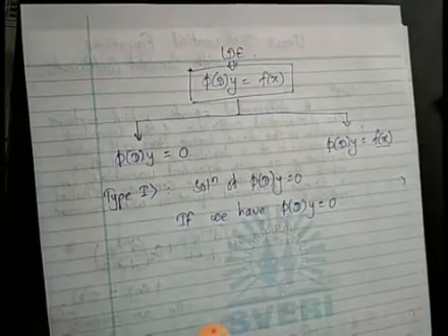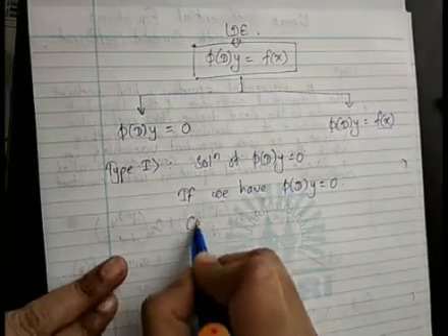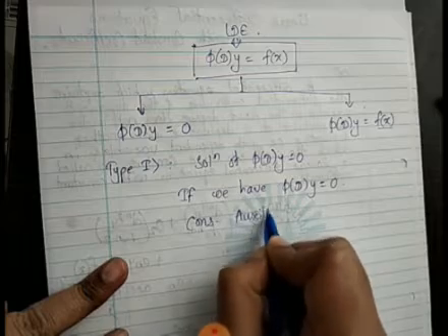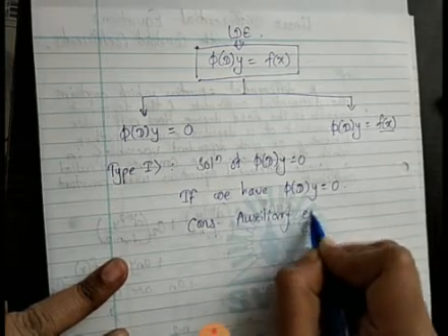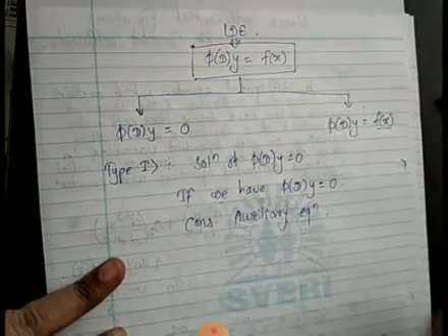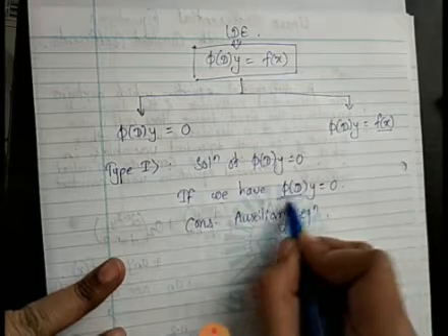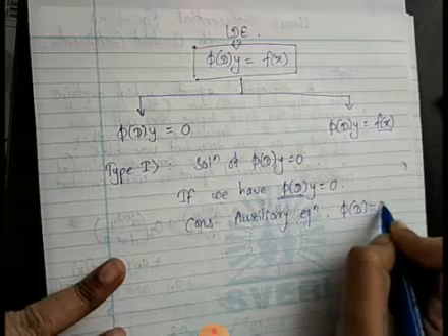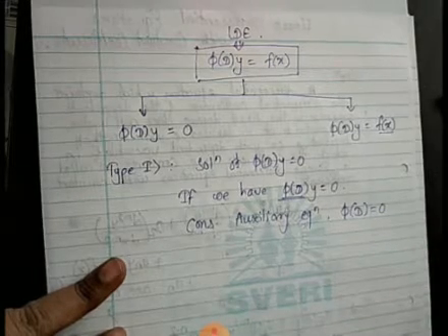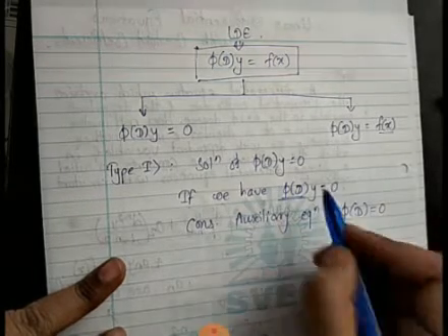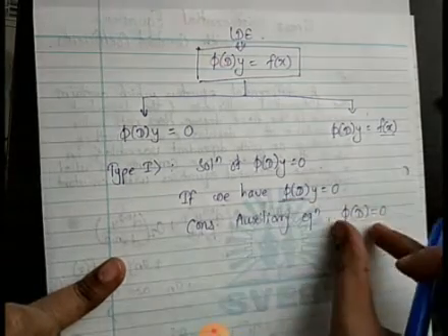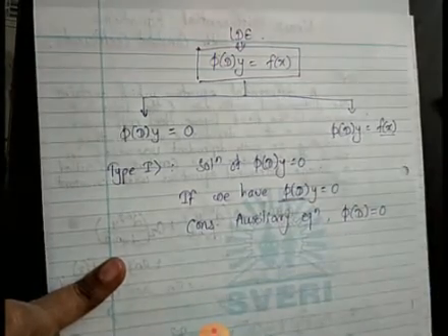We have to consider its auxiliary equation. So what is the auxiliary equation? Whatever is that phi D, a polynomial, we have to equate it to 0. Auxiliary equation is simply: ignore y and write that phi D, the polynomial, equated to 0.